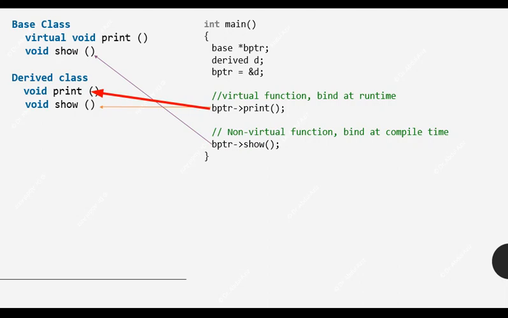Because print was a virtual function, the control is transferred from the base class towards your derived class.